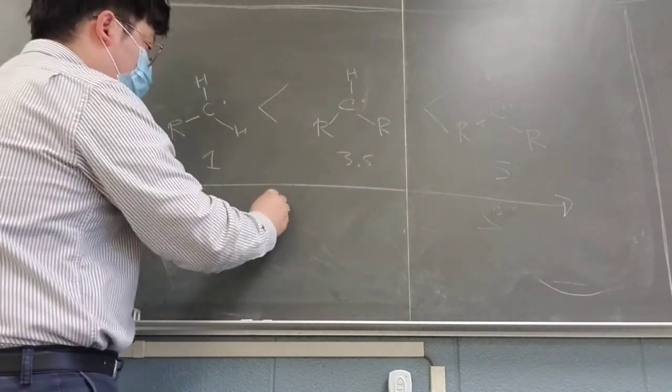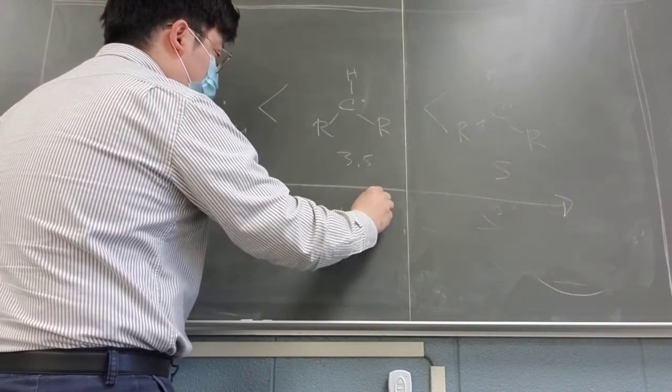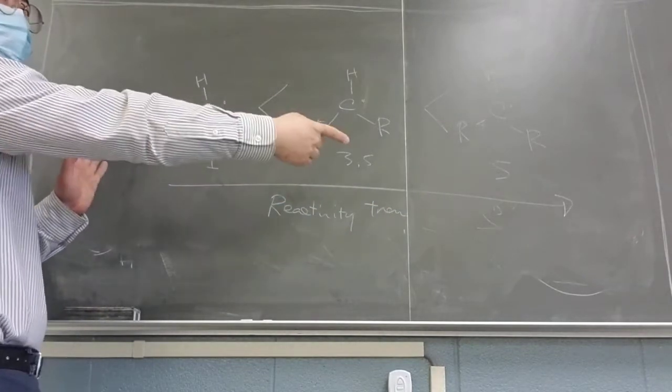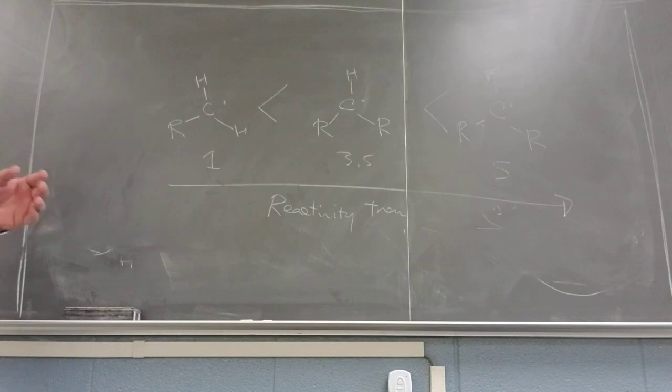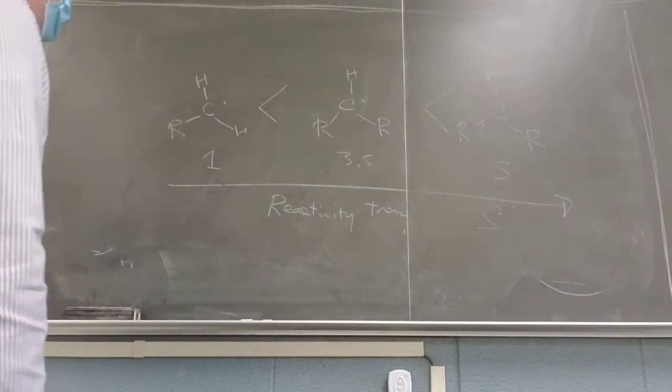So this is a reactivity trend. So it gets faster if you go from left to the right. They find out this radical is much faster when you have more substitution on the carbon that has a radical form.